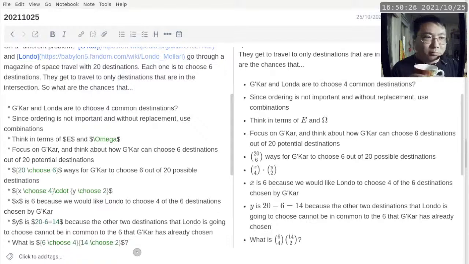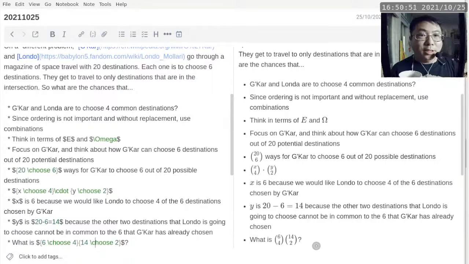Combined or just the 14 one? It's the product. We are looking at the product of 6 choose 4 times 14 choose 2. It is the cardinality of something, but whose cardinality are we talking about? And that would be the event set. Okay, so this is the event set.